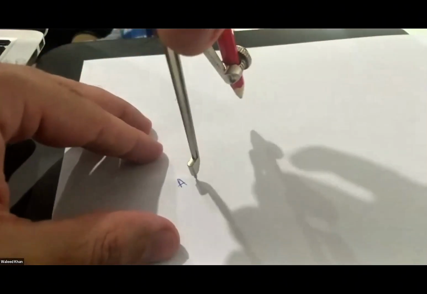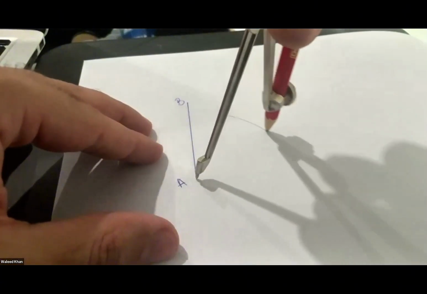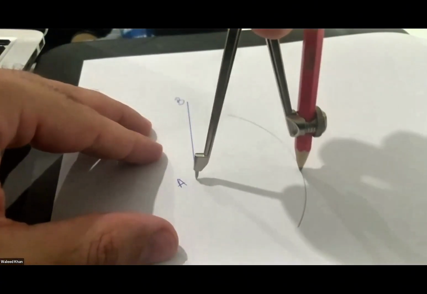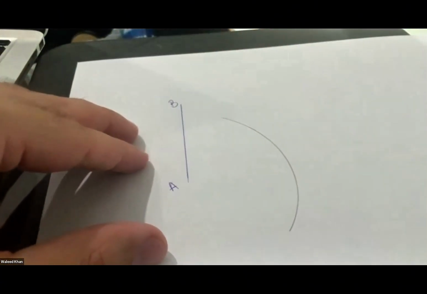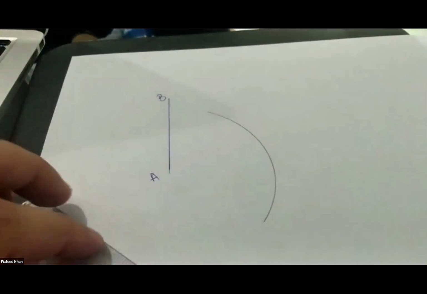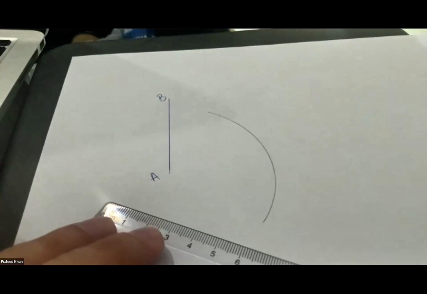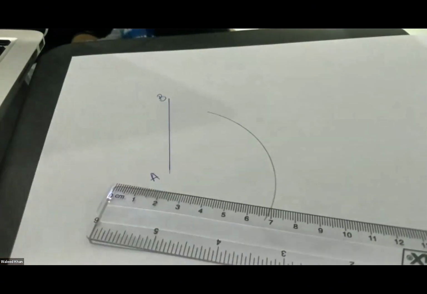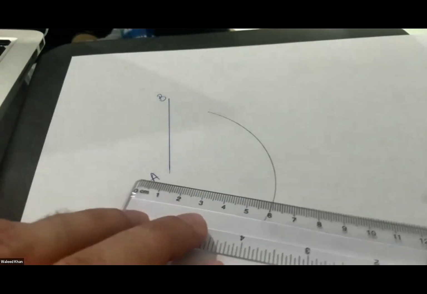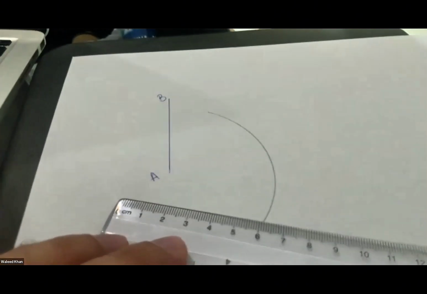Place the nib over here at A and draw an arc. Make an extensive arc, you can erase it later on. It should be extensive because you want to cut this arc with the other one. Next, for point B, what was the scale? It was 8 centimeters, right?